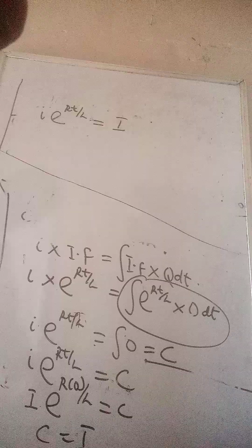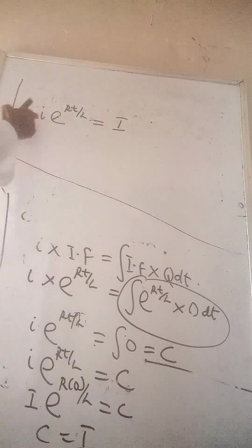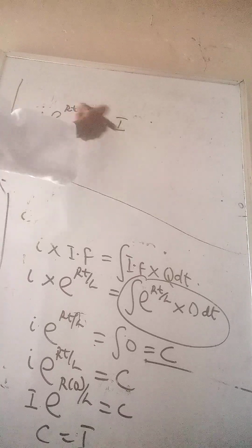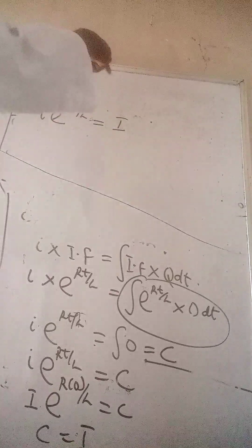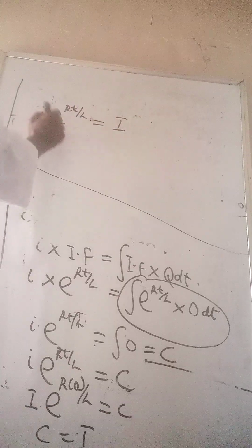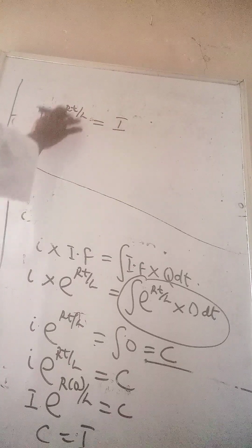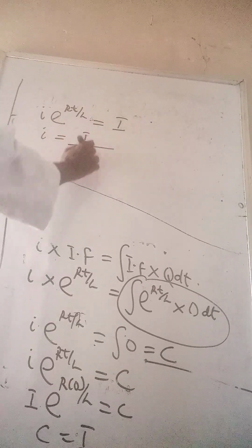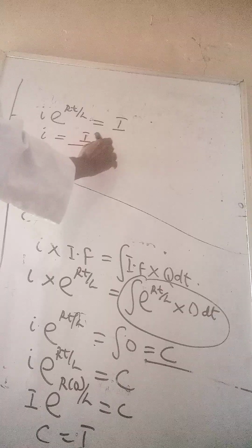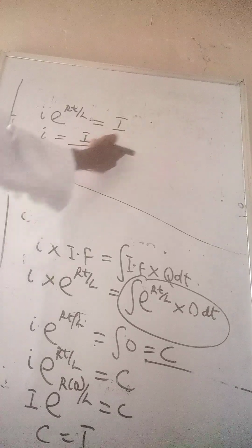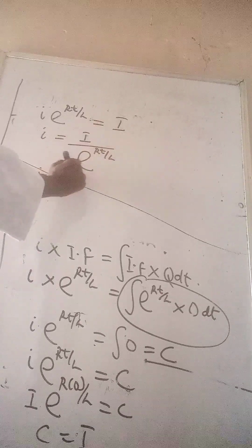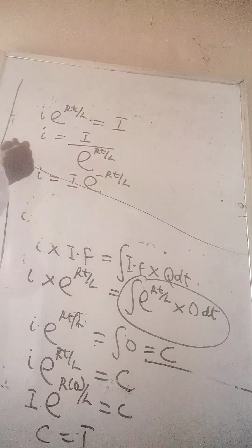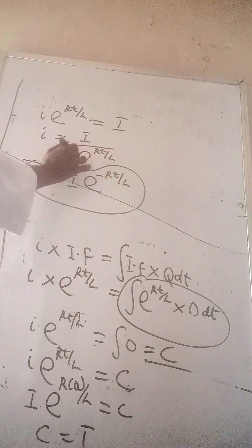So having done that, we now make i the subject, because what we are proving says small i is equal to capital I e to negative Rt over L. So dividing both sides by e to Rt over L, i will be equal to capital I over e to Rt over L. If you write this in the index form, it will be i equals I e to negative Rt over L, which is what we are asked to show. So this is the end of it.